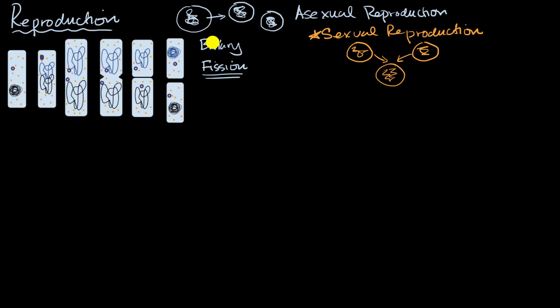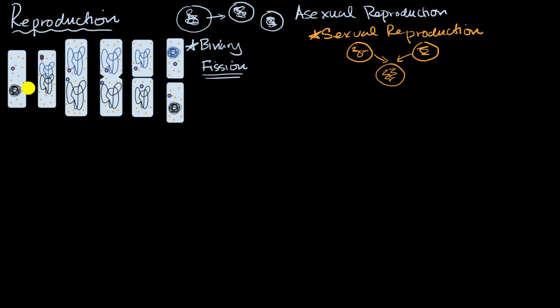But binary fission, we're talking about one organism splitting into two organisms. And you can see that you have this genetic material. The genetic material, it replicates, and then the organism splits into two identical organisms, or at least identical from a genetic point of view.